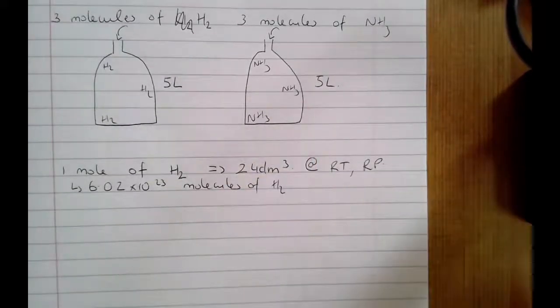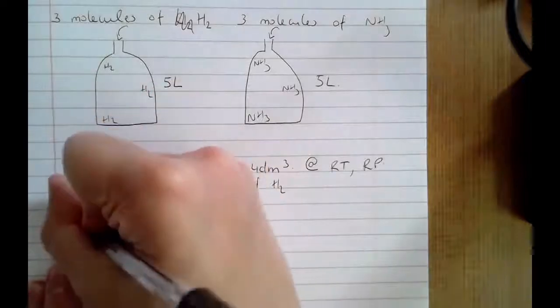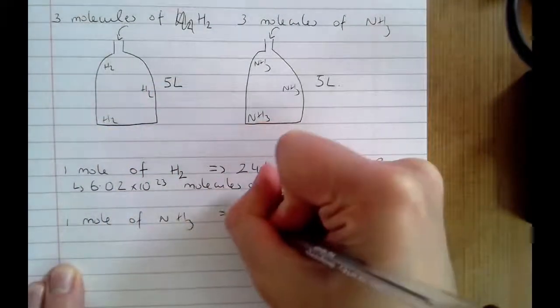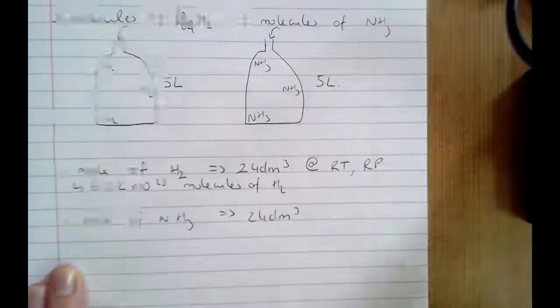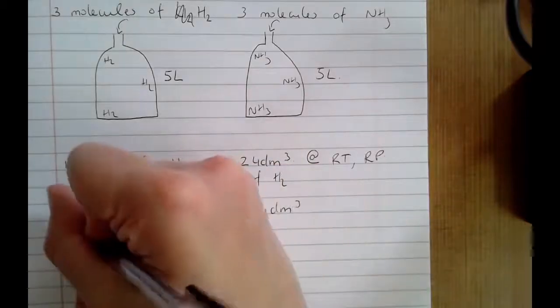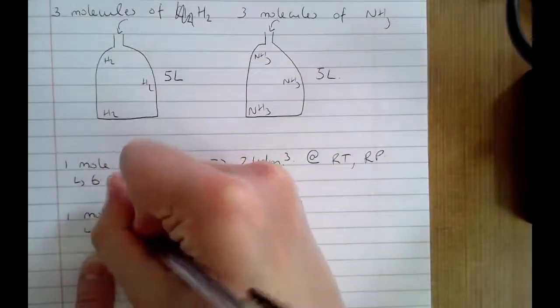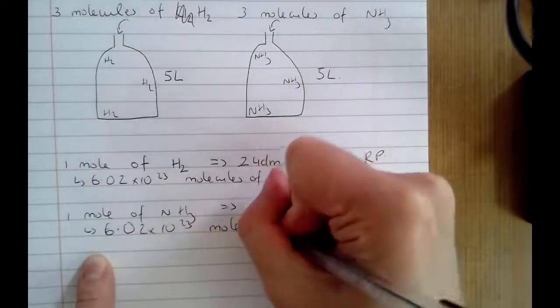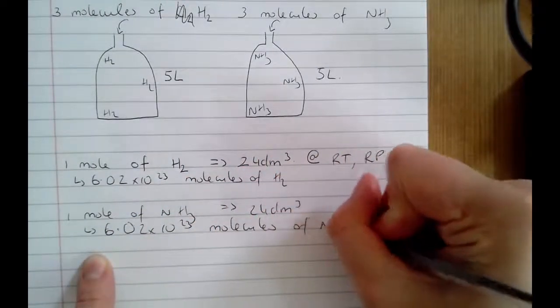But similarly, if I had 1 mole of ammonia, so 1 mole of NH3, it will also take up 24 decimeters cubed. And remember, if you've got a mole of H2 and a mole of ammonia, mole is just a word that represents a number. The number it represents is 6.02 by 10 to the 23.